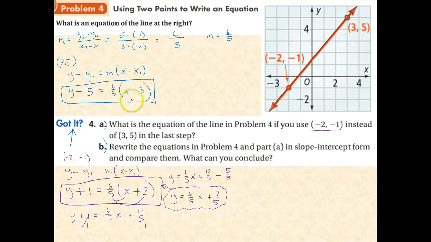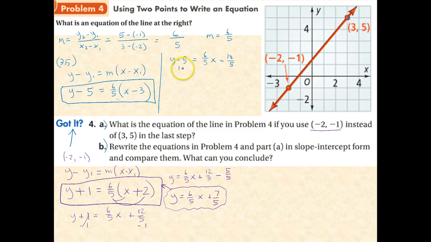Now we need to get slope-intercept form from this equation, and we follow the same steps. We're going to do y minus 5 equals, and then we're going to distribute 6 over 5x minus 6 times 3 is 18, so 18 over 5.